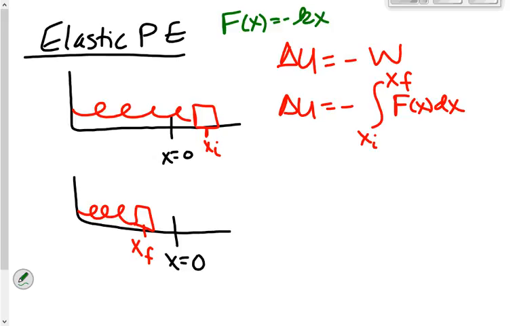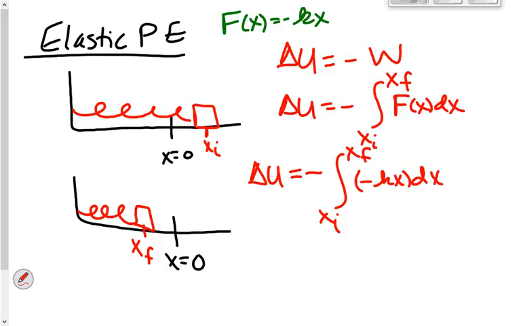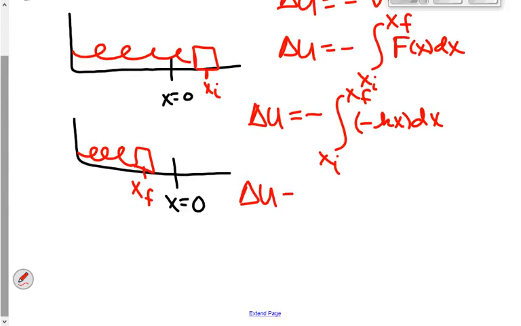Yeah, negative kx. So I've got my negative integral x initial to x final, negative kx dx. Delta U. I'm going to bring out this negative k, and it's just going to give me k integral from x initial to x final of x dx.